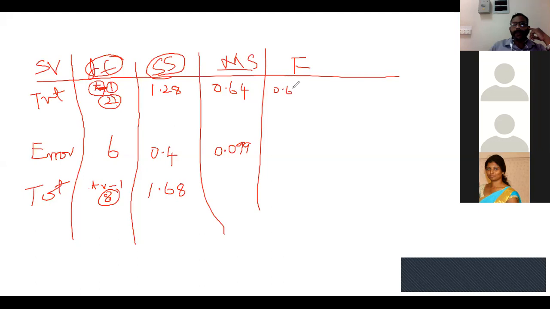0.64 divided by 0.099. What is the value? F value? Anyone? We will have a huge value. Tell me.